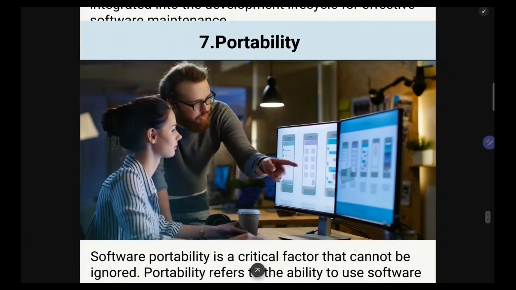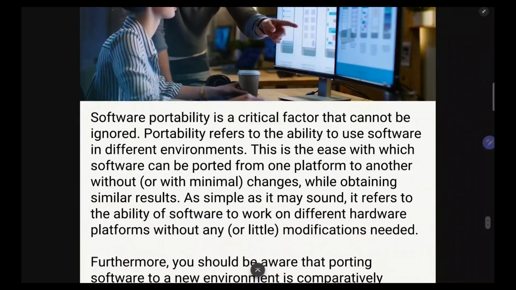Portability. Software portability is a critical factor that cannot be ignored. Portability refers to the ability to use software in different environments. This is the ease with which software can be ported from one platform to another without or with minimal changes, while obtaining similar results.